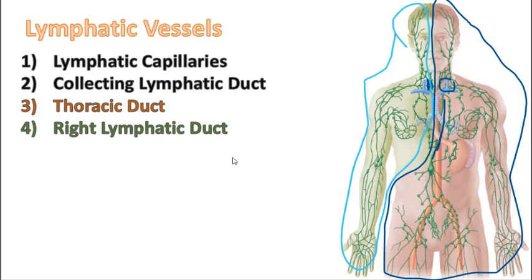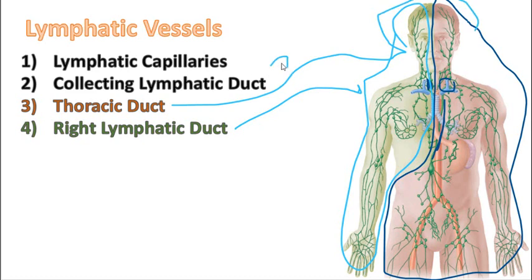We could say that 75% of the lymph, almost three quarters, is collected by the thoracic duct, and one quarter is delivered by the right lymphatic duct and emptied into the subclavian vein. We're going to look at the subclavian vein in a second.